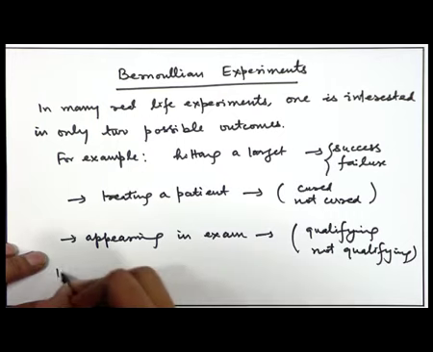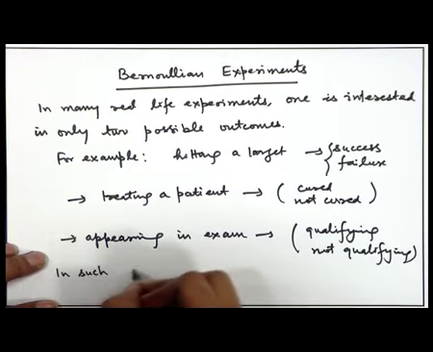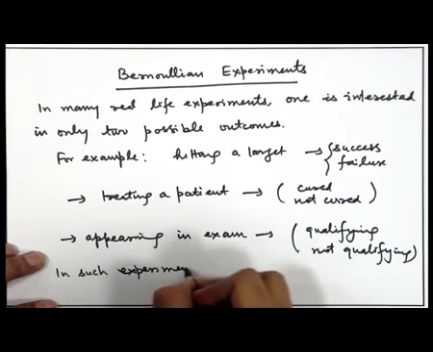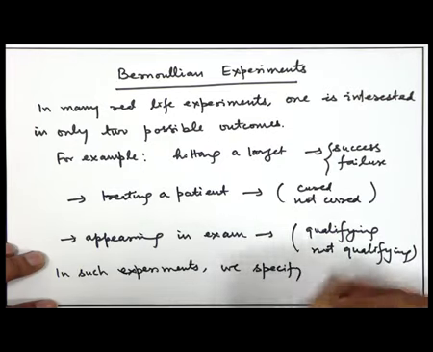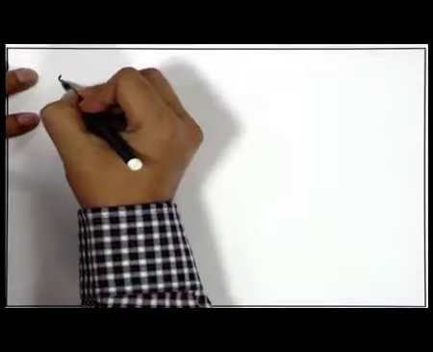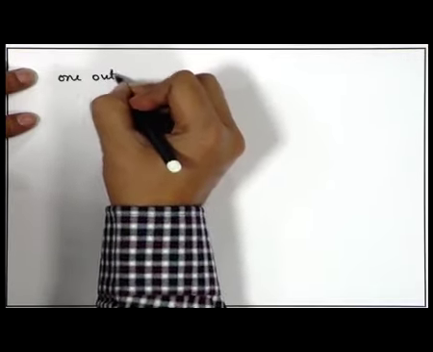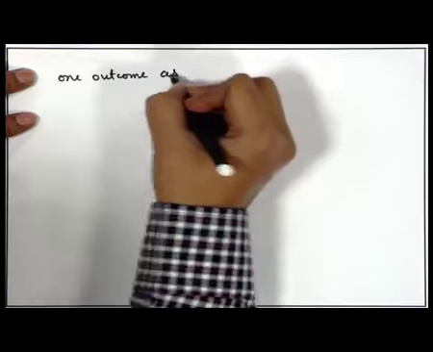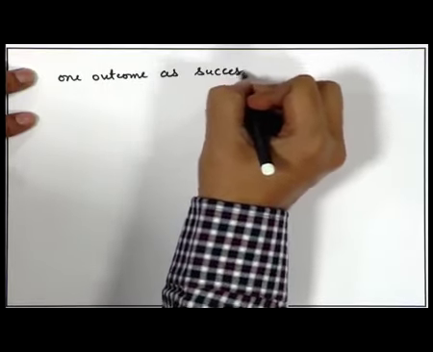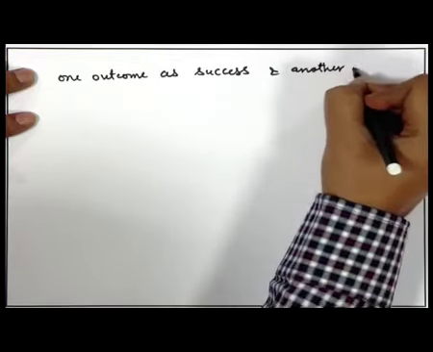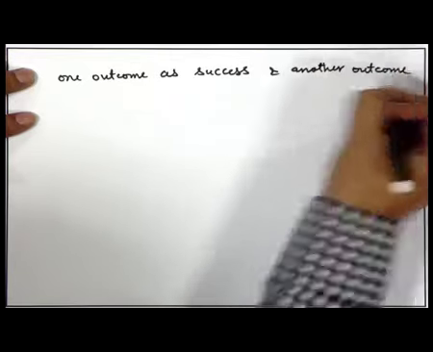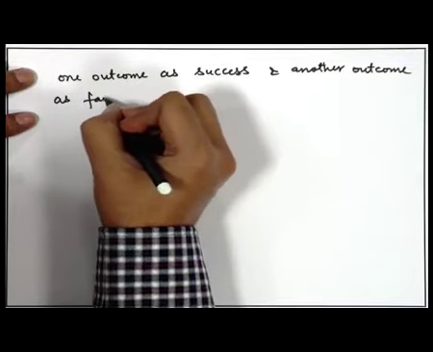So, in such experiments, we specify one outcome as success and another outcome as failure.